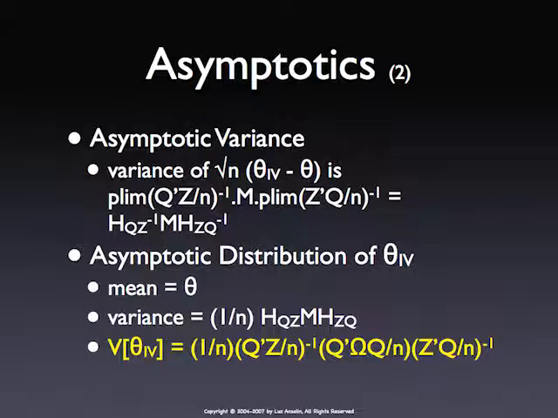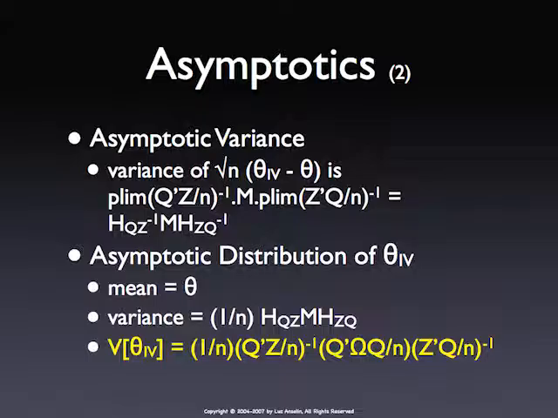So, stepping back, we look at the limiting. There's a difference between the limiting distribution and the asymptotic distribution. That's another thing that is sometimes glossed over in textbooks. The limiting distribution is what you get for the square root of n times the difference between the estimator and the true value.